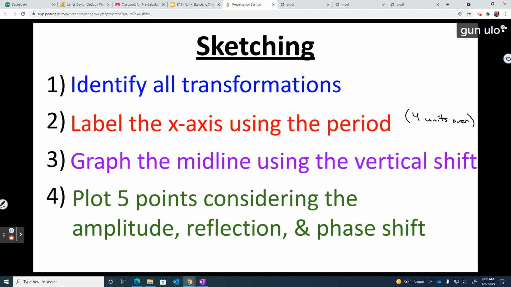Sometimes there could be, but we'll work our way up to that. So I'm going to consider these 3 things and plot 5 points. I do want you to make sure you always do that for 5 points.